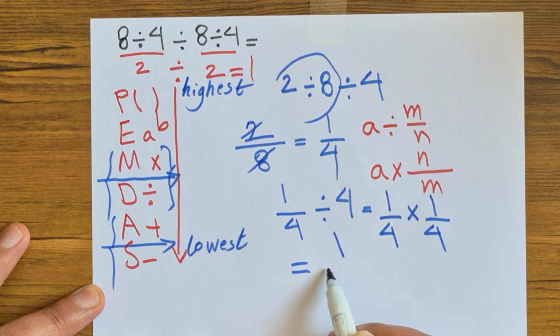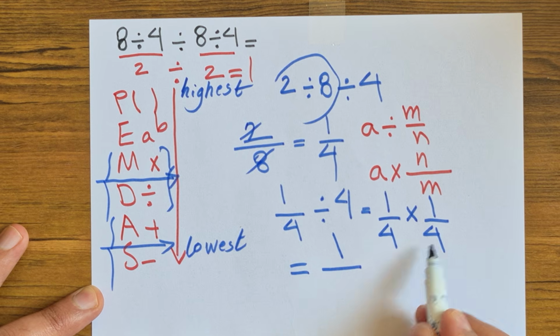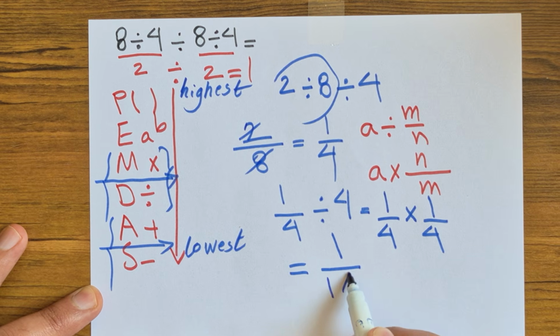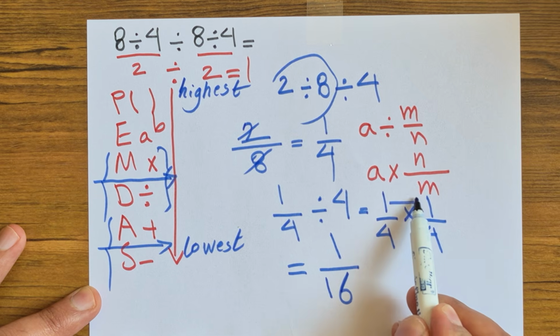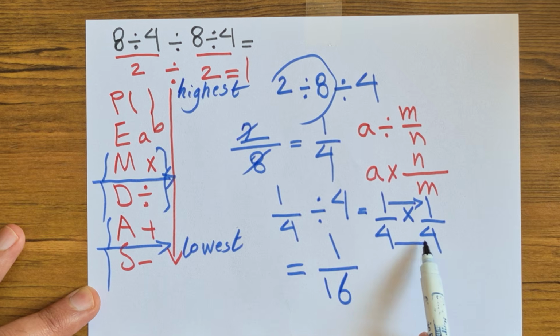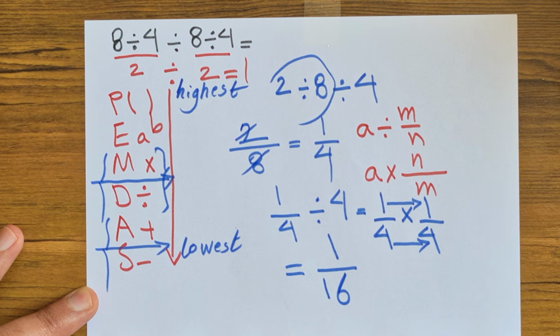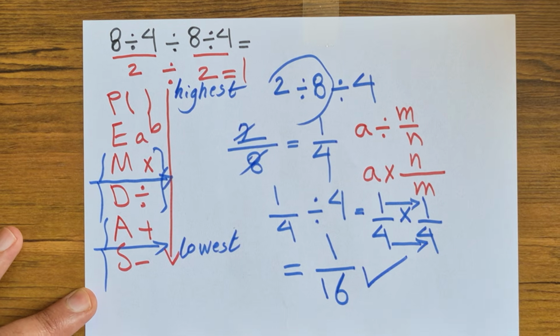And the final answer is, so 1 times 1 gives us 1, and 4 times 4 gives us 16. And that's the rule for multiplying fractions. You should multiply the numerators at first and then multiply the denominators. And that's the final and the only correct answer.